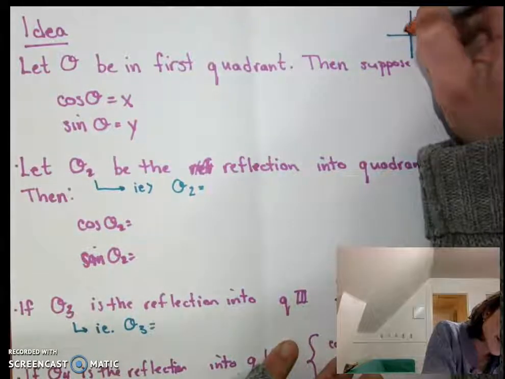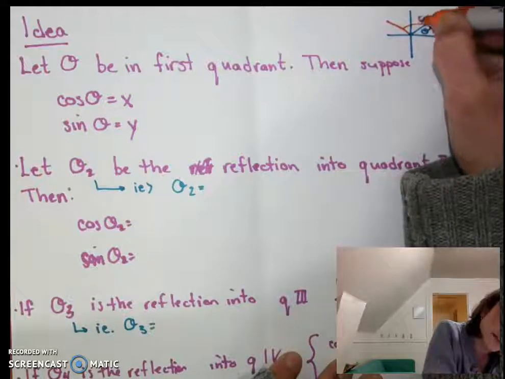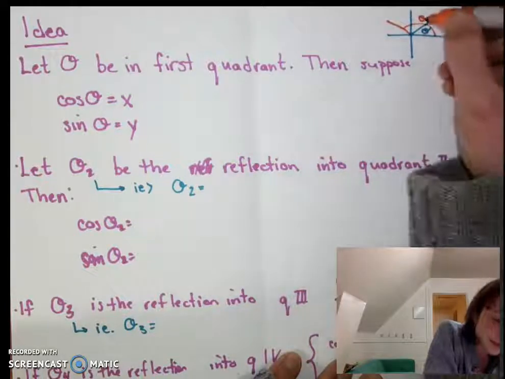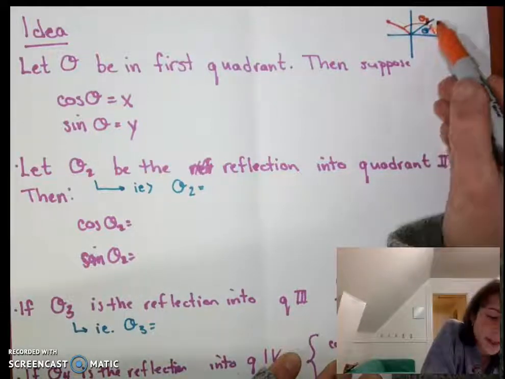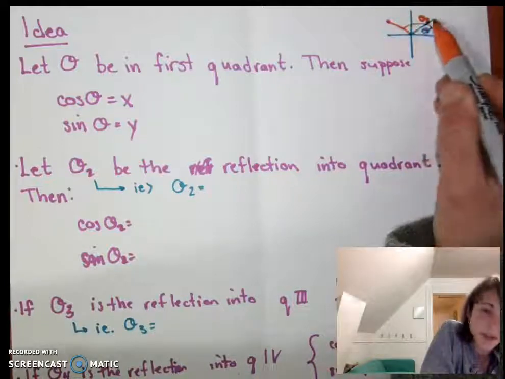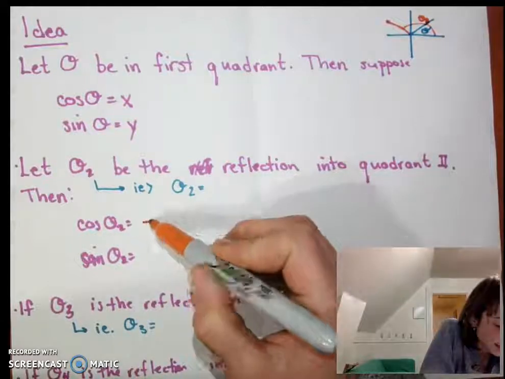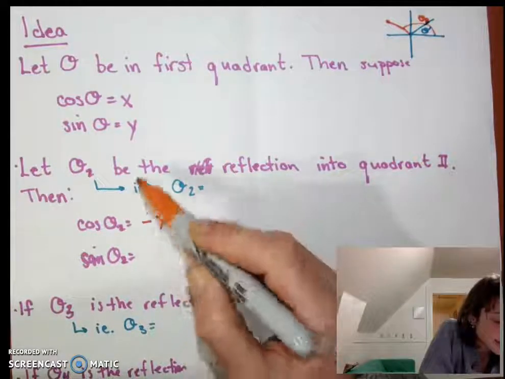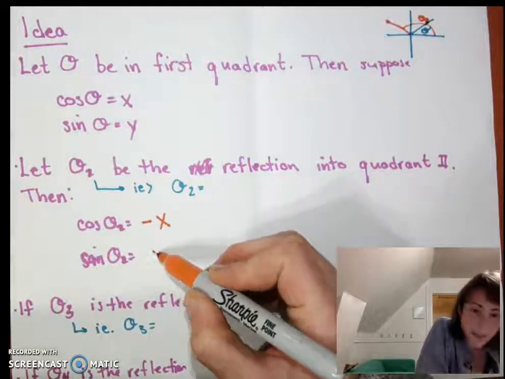So I reflect theta into quadrant 2 means I'm looking now at this angle, theta 2. So in quadrant 2, the x coordinate becomes negative of what it was before, but the y coordinate stays the same. So cosine of theta 2 will be now negative x. Sine of theta 2 will stay the same because the y coordinate stays the same. It's still y.